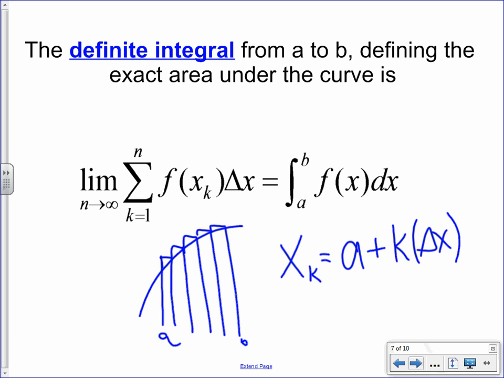But if there's infinitely small pieces, wouldn't there still be more area on the over approximation? Yeah, they're so small, they're not going over. If you want to imagine that, yes. Okay.